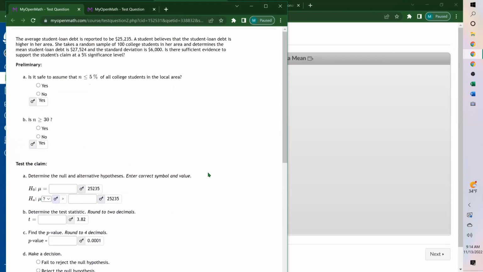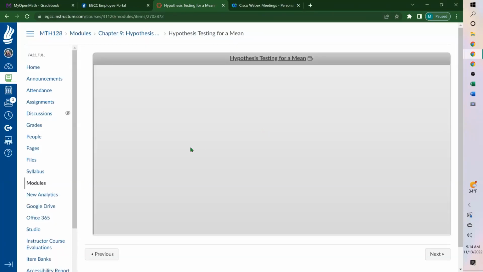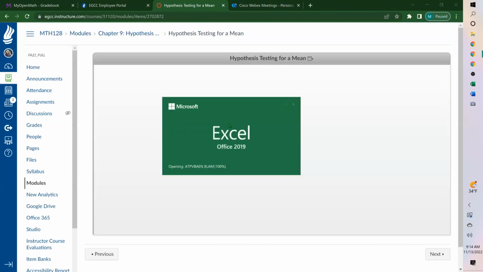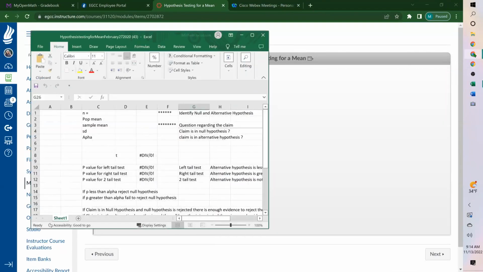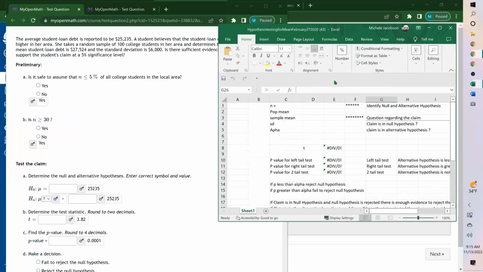To determine the test statistic and the p-value, use the table. This is a test for a mean. Okay.